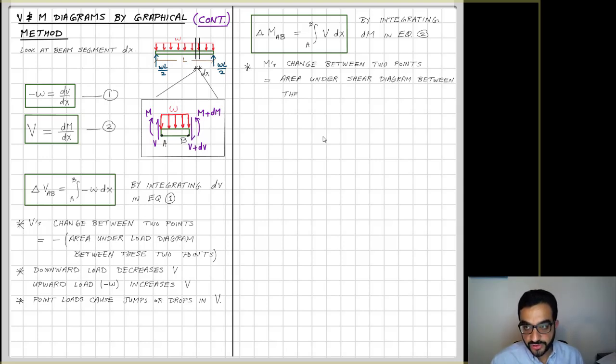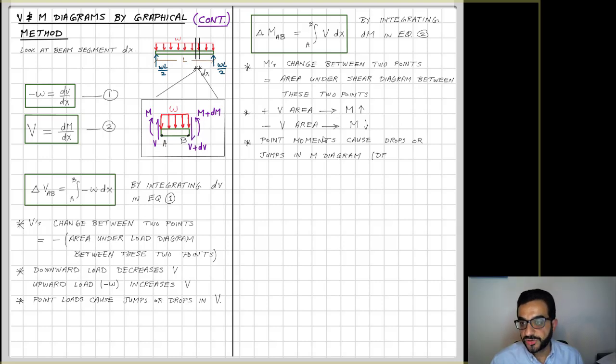Integration means the area under the shear diagram curve between the points A and B. When I calculate this area, it can be positive or negative. So positive V area between two points means that the moment increases between these two points, and negative shear area means the moment decreases. And point moments, which can happen, point load moments or point reaction moments, can cause drops or jumps in the moment diagram, and it depends on the direction of that load or point moment.